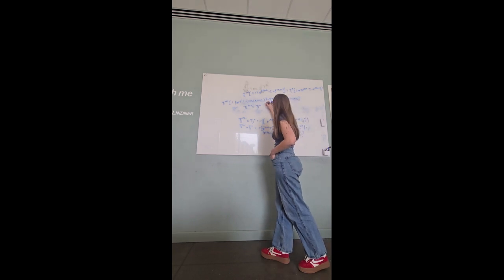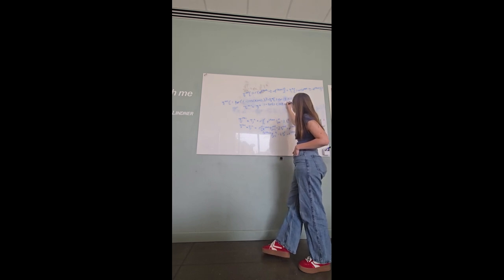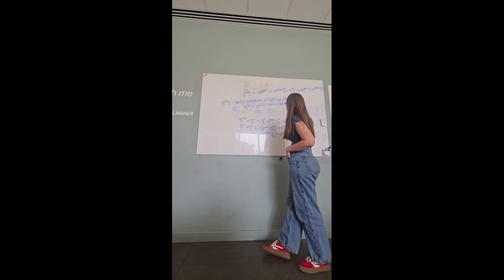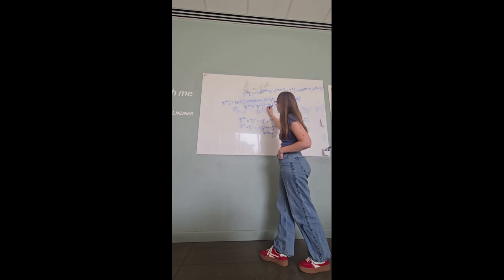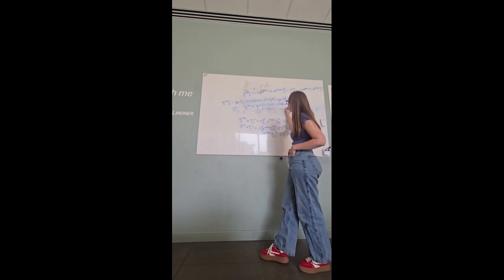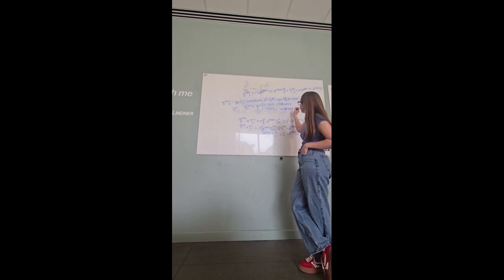So then we have 1 minus 2r times 1 minus cosine of k delta x, all over 1 plus 2r times 1 minus cosine k delta x.